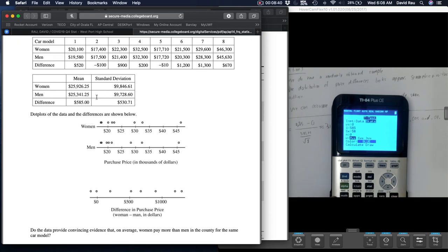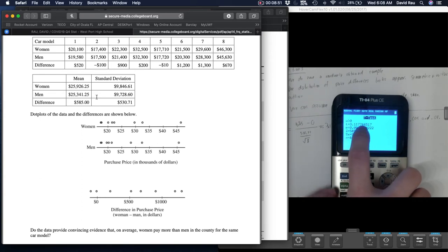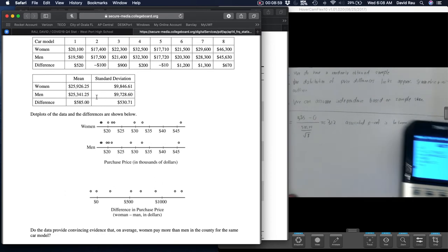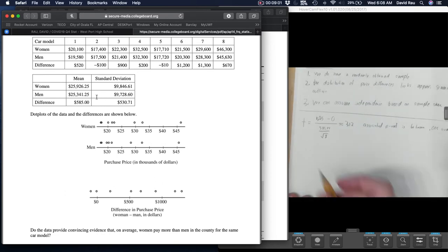Standard deviation is 530.71. We had 8, and we're trying to prove that it's greater than. So let's see this, calculate. We get the 3.12, we get the p-value, which is in between 0.005 and 0.01. It's kind of smack dab in the middle. So there we go. And now let's conclude this thing.